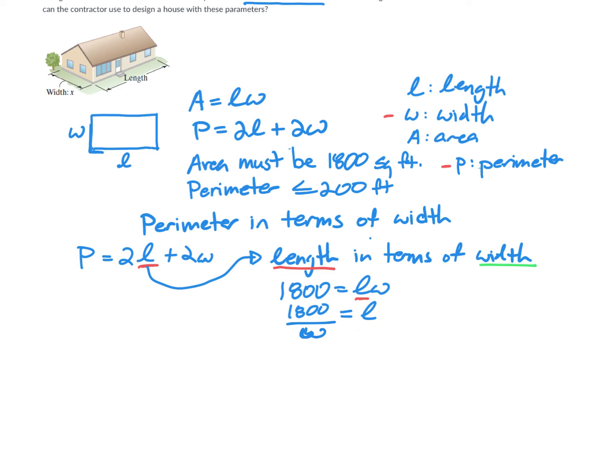Okay, so now I'm going to take all of this and plug it into my perimeter formula. So my perimeter is 2 times 1,800 divided by W plus 2W. Okay, so now I've accomplished this. I've got my perimeter in terms of width. Okay, so how am I going to use this equation?